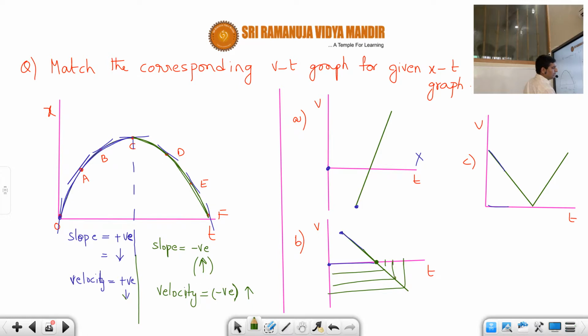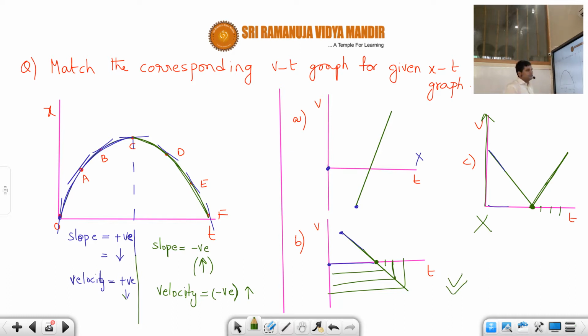Velocity is negative and also increasing. Whereas in option C, after the velocity has become 0, it is increasing, but it is positive only because it is above, no? Velocity is positive. So therefore option C is not correct. So only option B is correct.